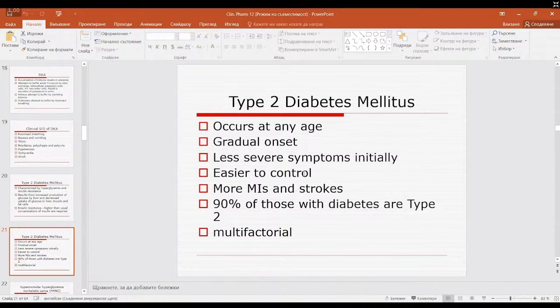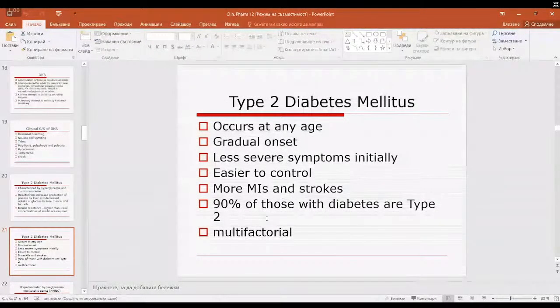It's usually easier to control than type 1 diabetes, but in the later stages of type 2 diabetes, especially without a control of blood levels of glucose, these patients are going to get more MIs or myocardial infarctions and more strokes. More than 90%, again, of patients with diabetes have type 2 and not type 1.